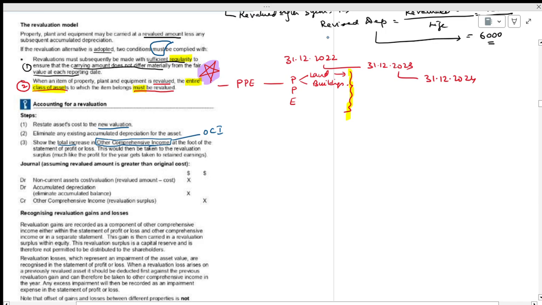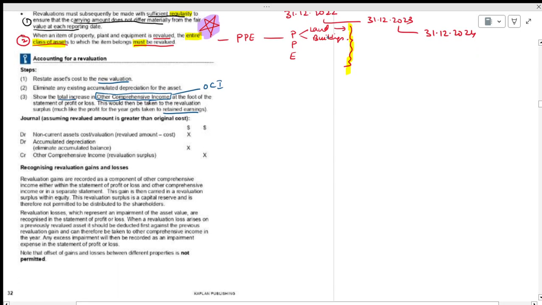Now slowly you will understand the concepts. The OCI, instead of the profit and loss account, will be taken to where we are going to show in the retained earnings. Means you have to take the new value, you have to eliminate the accumulated depreciation, and you have to show in the OCI, other comprehensive income and retained earnings.